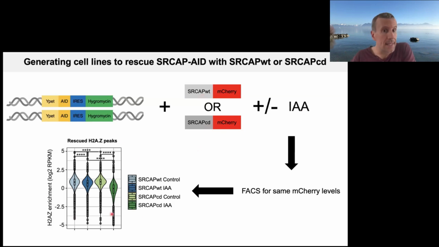And this is what we see here. Here we see the cell line that expresses wild-type SRCAP, either with or without IAA. You can see that SRCAP rescues H2A.Z peaks, while the catalytically dead does not rescue H2A.Z on chromatin.